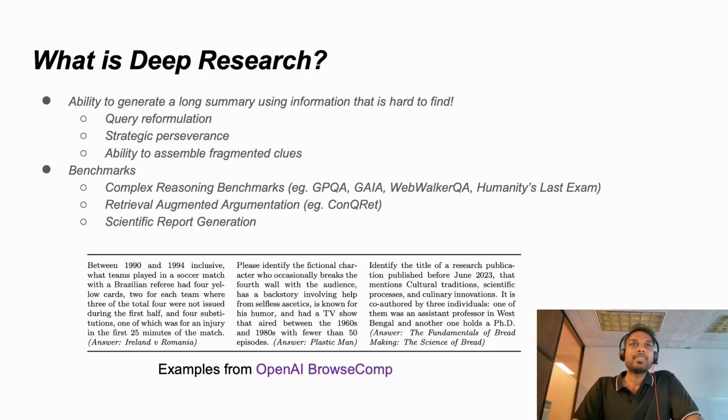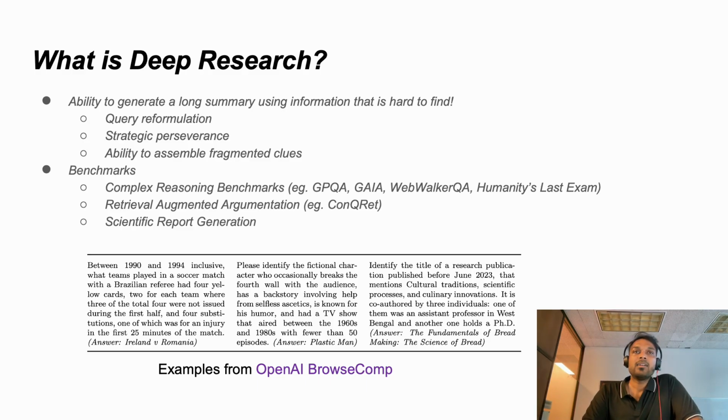Questions like these test a lot of different abilities. They require, first of all, asking multiple queries, and when asking multiple queries, the model has to generate these queries itself. So there is a test for query reformulation. Then there's a test for strategic perseverance, or how well the model orchestrates such queries, what queries it asks first versus what it asks last, and what kind of queries it generates.